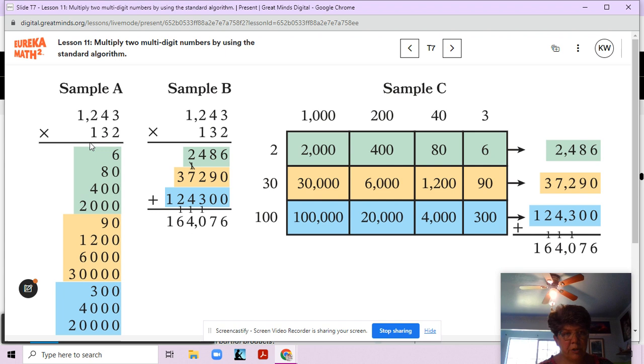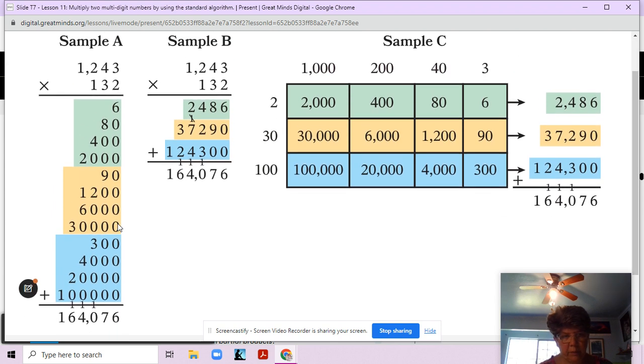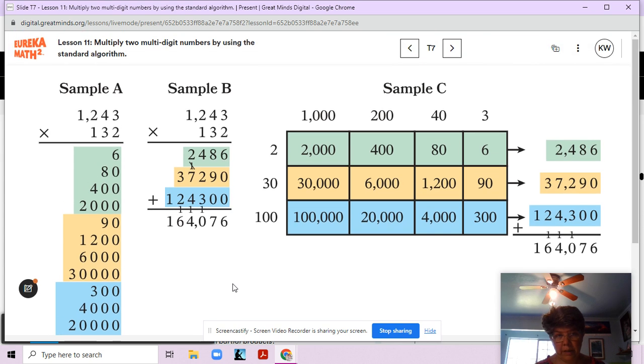If you could do like here 100 times 3 is 300, 100 times 4 is 4,000, 100 times 200 is 20,000, right?